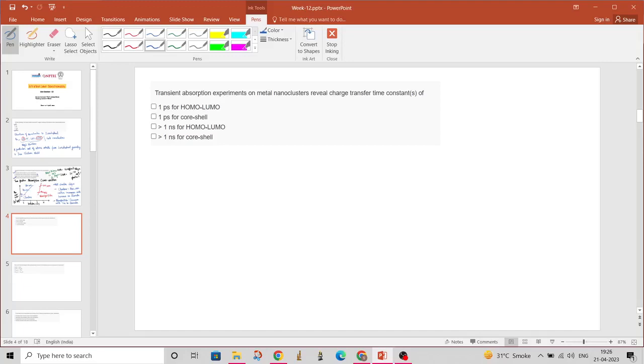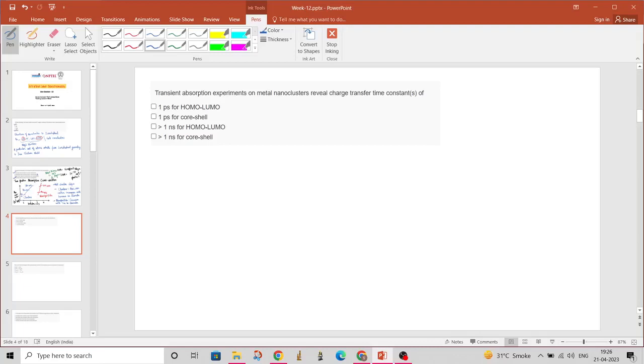Transient absorption experiments on metal nanoclusters reveal charge transfer time constants of 1 picosecond for HOMO to LUMO, 1 picosecond for core shell, more than 1 nanosecond for HOMO and LUMO, more than 1 nanosecond for core shell.